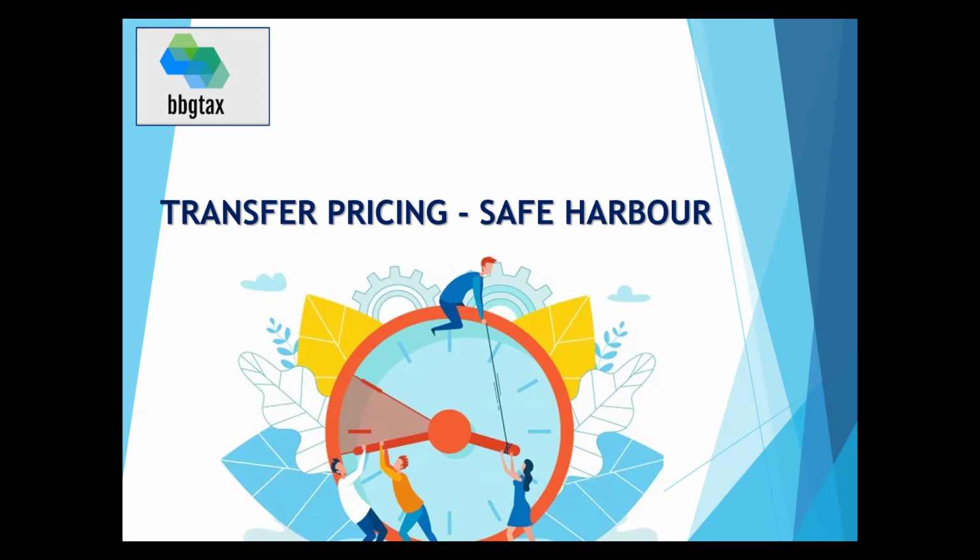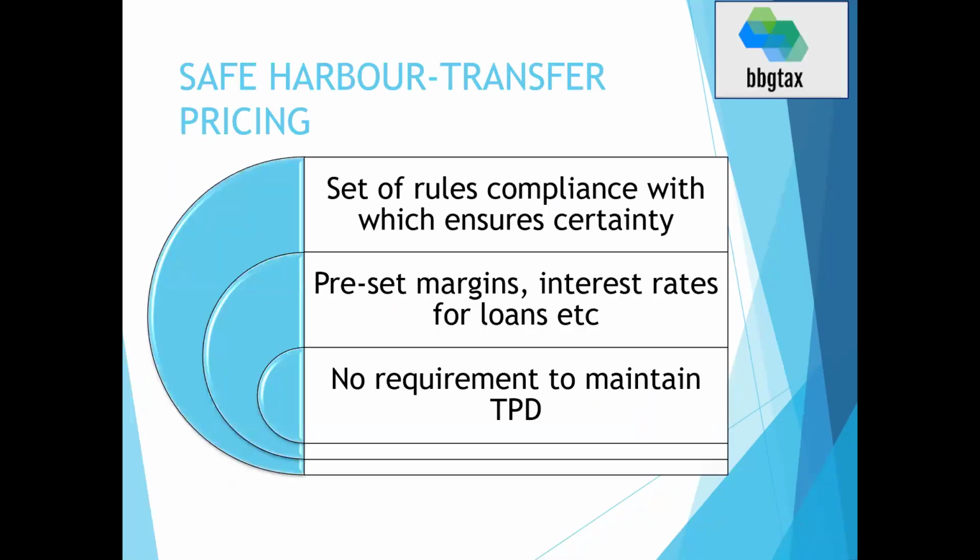Once an assessee or a taxpayer opts for safe harbor provisions, no separate benchmarking of transactions is required to be done. So to summarize, what is safe harbor? It is essentially a set of rules compliance with which will ensure certainty.